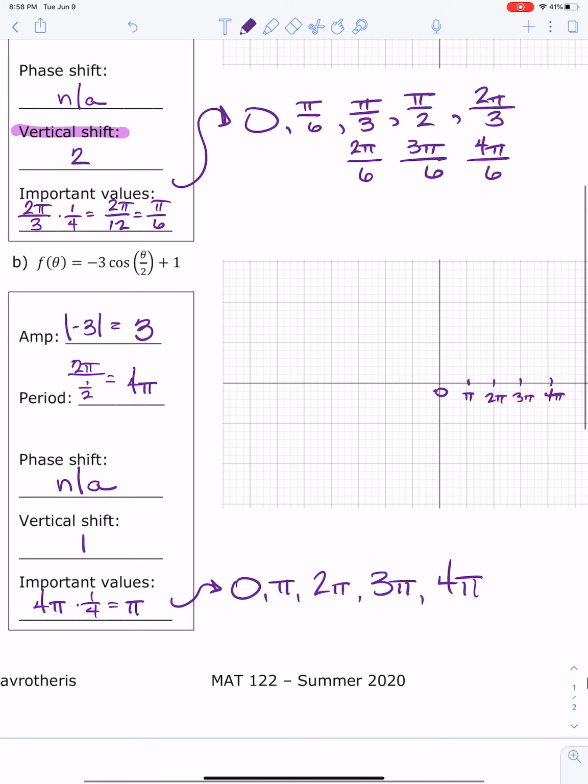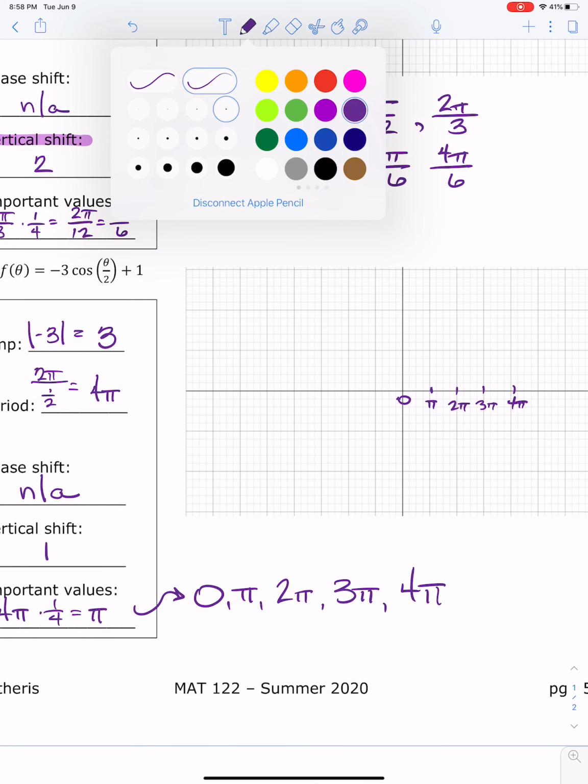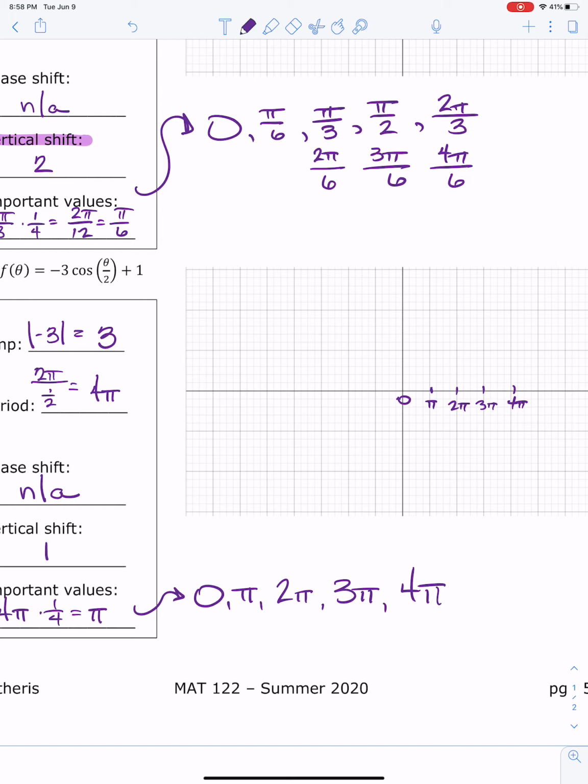Okay, so we have got a vertical shift of 1. Let's figure out how we're going to number these. And then we've got an amplitude of 3, so I've got to be able to go 3 up from 1 and 3 down. So I'm just going to count by 2's again. -1, -2, -3.